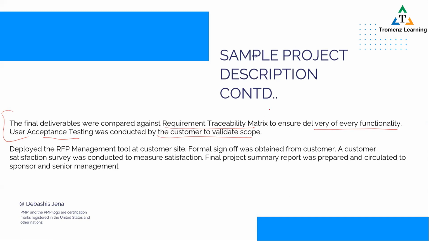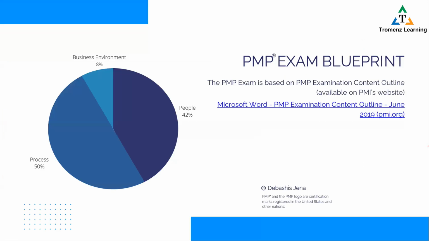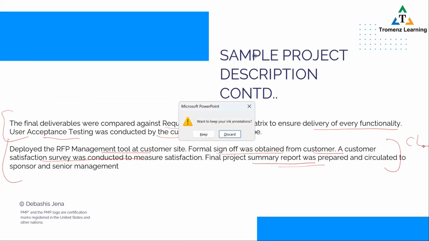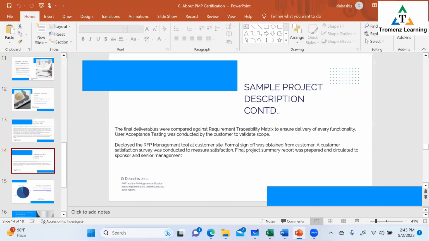This part is again monitoring. And then the last one: deployed the RAP tool at the customer site, a formal sign-off was obtained, a customer satisfaction survey was conducted, and a final project summary report was prepared and circulated. This is closing. So this makes a good write-up. A good write-up would look something like this. All 5 areas are covered.